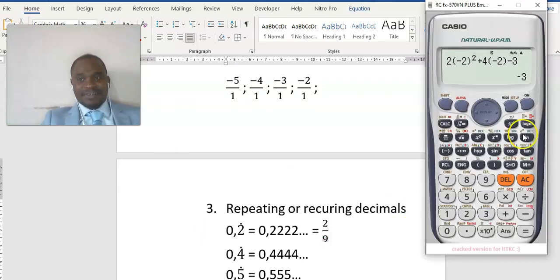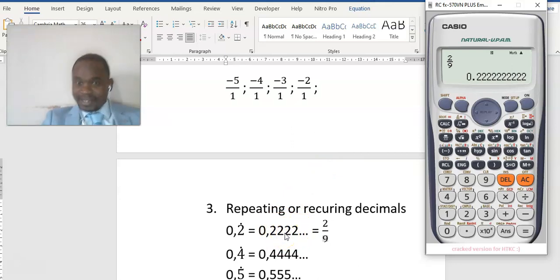Let's test it on the calculator. Let's press 2/9 on the calculator. It gives us this. Press the S-D. It gives us this. Press the S-D again. We have 0.2222, which is this one.